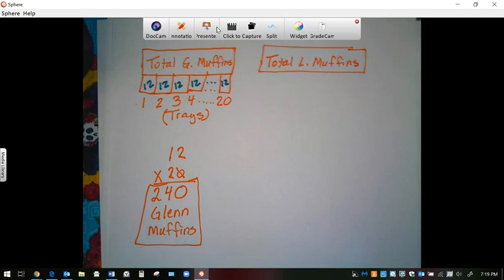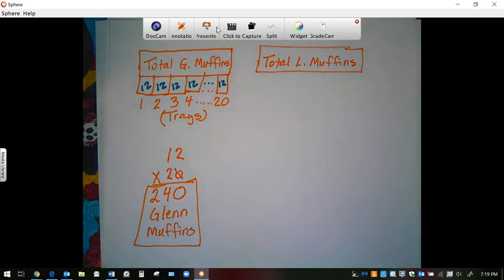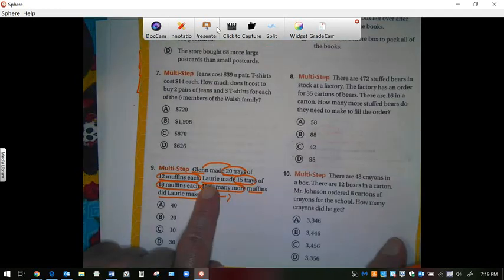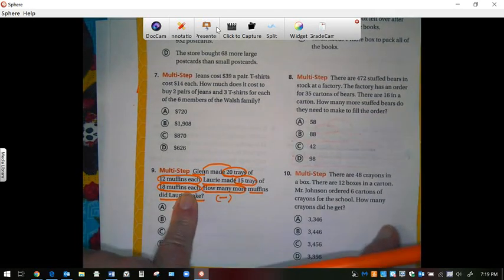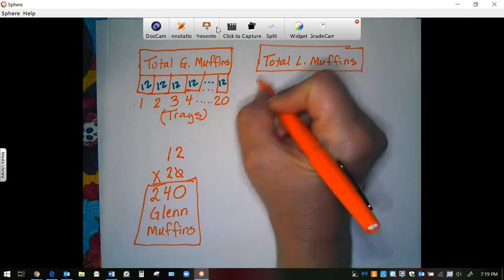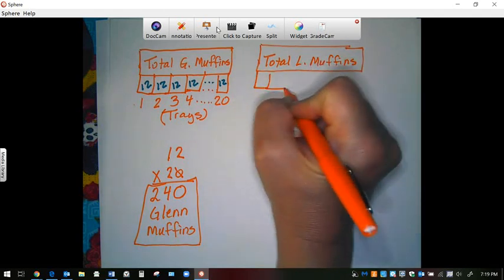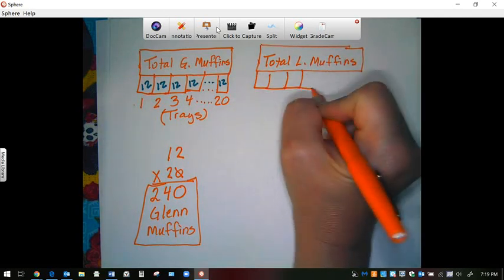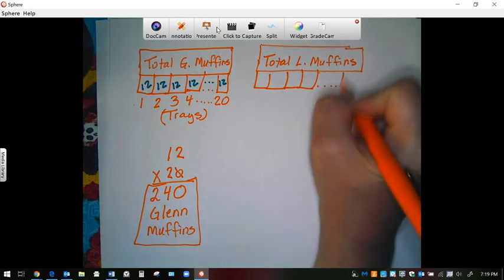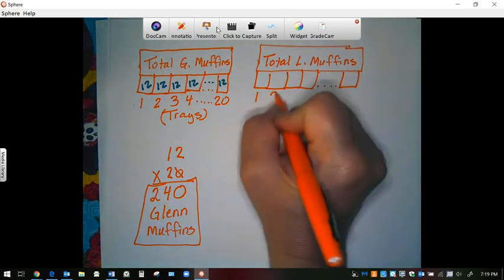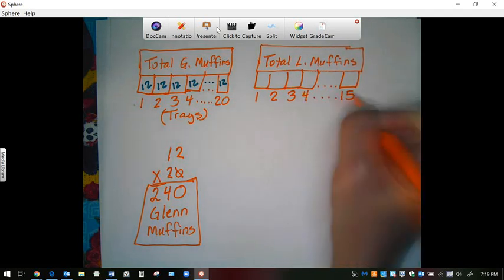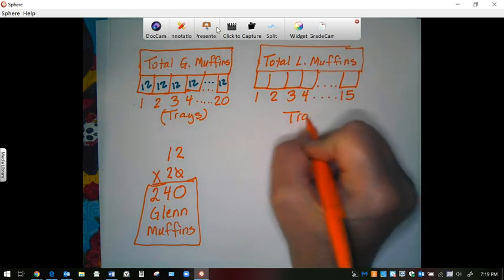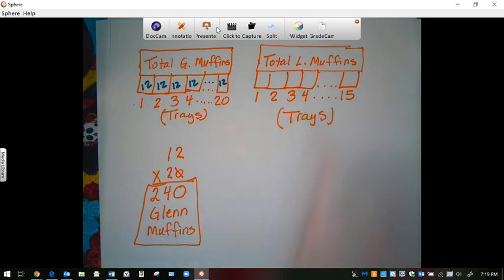Alright, so let's figure out Lori. And Lori, right here, made 15 trays with 18 muffins in each. 15 trays. 1, 2, 3, 4, 5, 6, 7, 8, 9, 10, all the way to 15. These are the trays that Lori made.